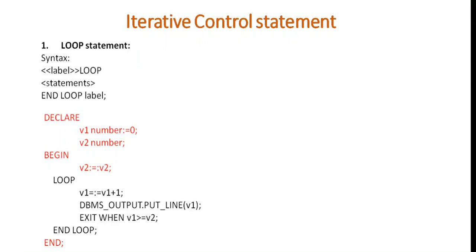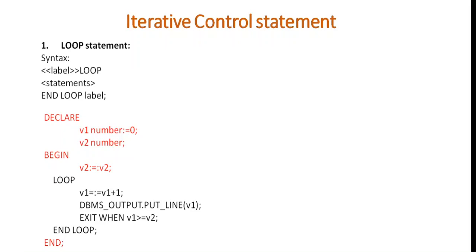Suppose the user has entered v2 equals 5, then this loop will print the numbers 1 to 5. If the user enters the value 10, then it will print 1 to 10. So this is a simple loop statement in PL/SQL for printing a series of numbers starting from 1 to the user-defined value.